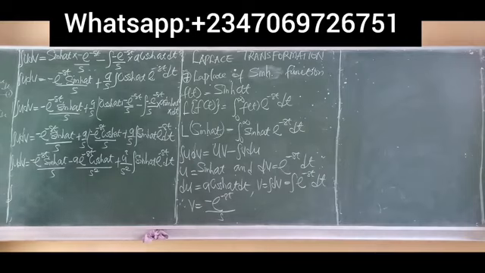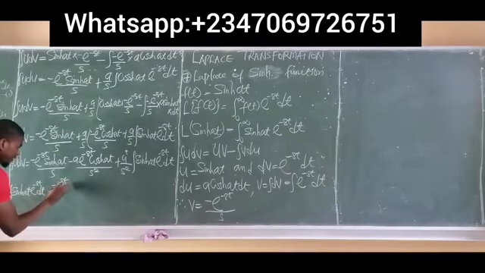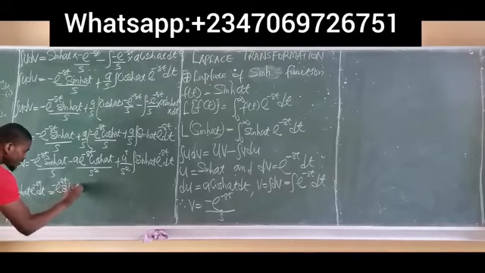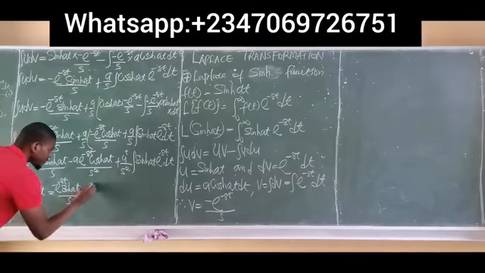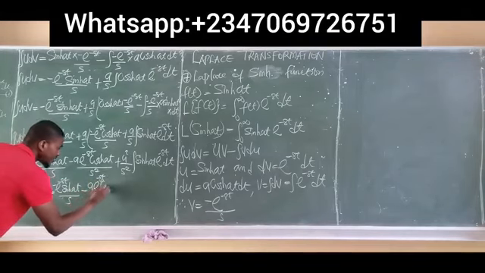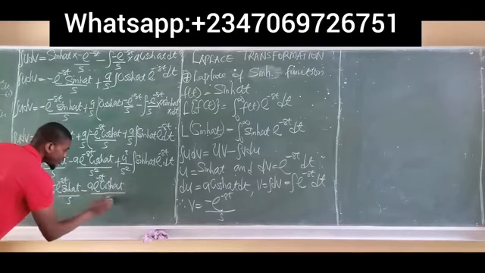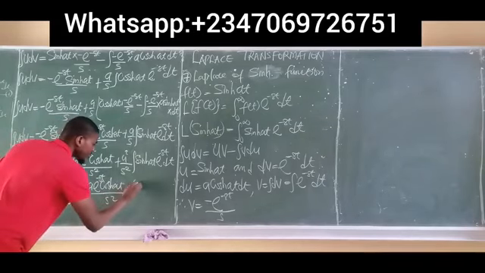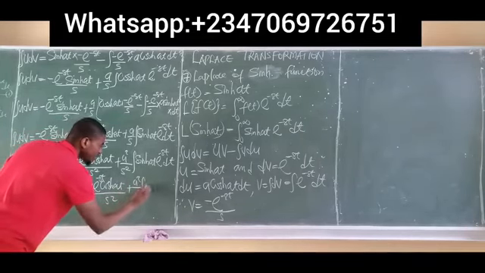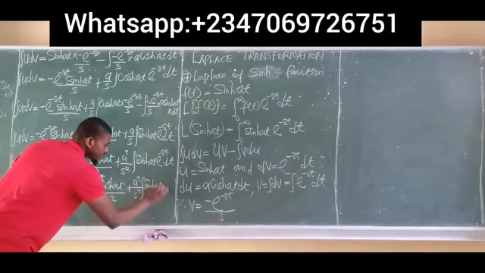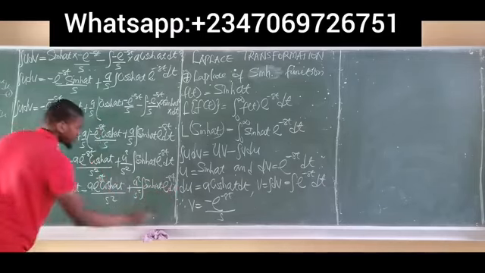This becomes integral, where we call u to be sine at and dv to be exponential minus st times dt, and this is equal to the result we obtained here: minus exponential minus st sine at all over s, minus a exponential minus st cos at all over s squared, plus a squared over s squared integral of sine at exponential minus st times dt.